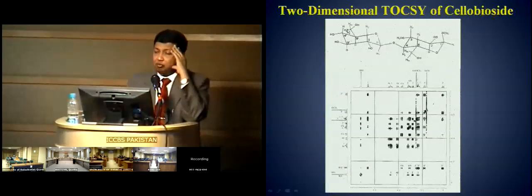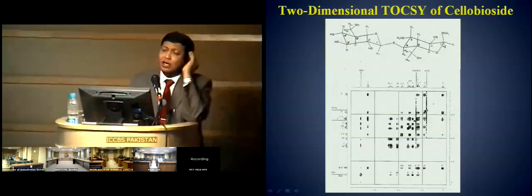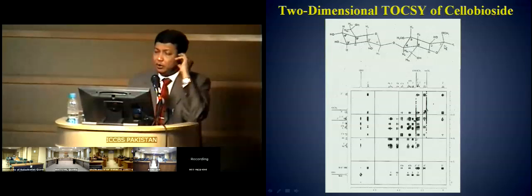This is a typical example in which you have two sugar molecules, only different with the presence of an O-methyl. This is the anomeric proton of this sugar, and this is the anomeric proton of the left sugar. Left to me, please.